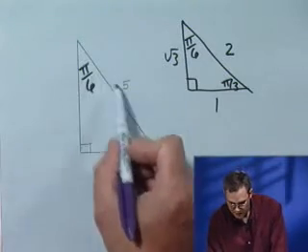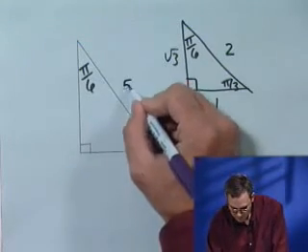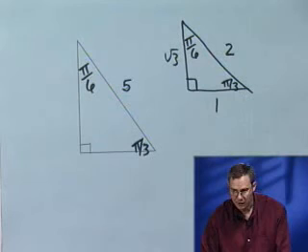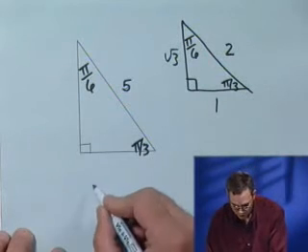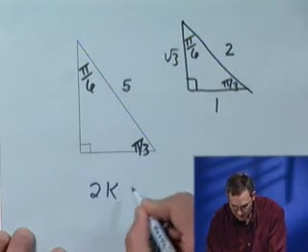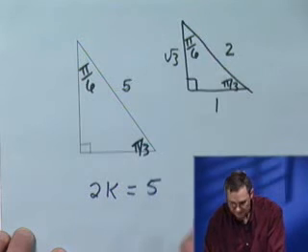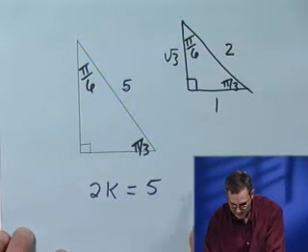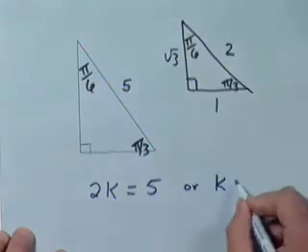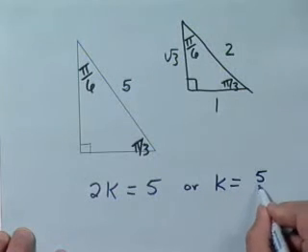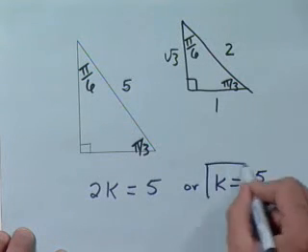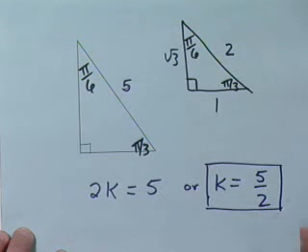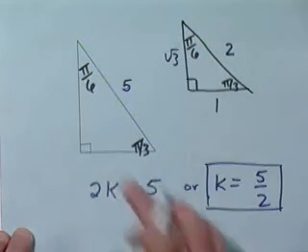Now let's try to find K, and then we can figure out the remaining two sides. Well, I'm given the hypotenuse is 5, and I know the hypotenuse over here is 2. Therefore, 2 times some K is equal to 5. And I'll divide both sides by 2. So there is my K. Now I can easily find the remaining two sides.